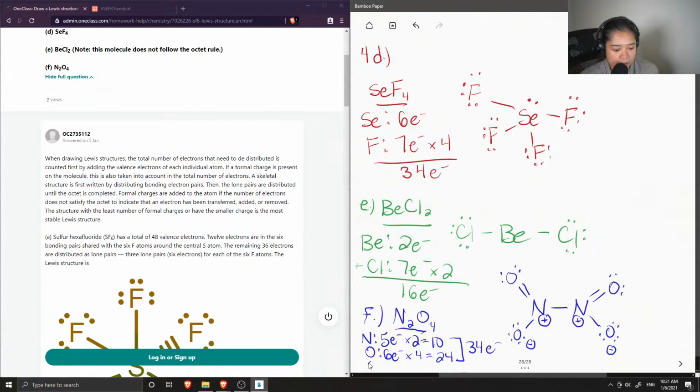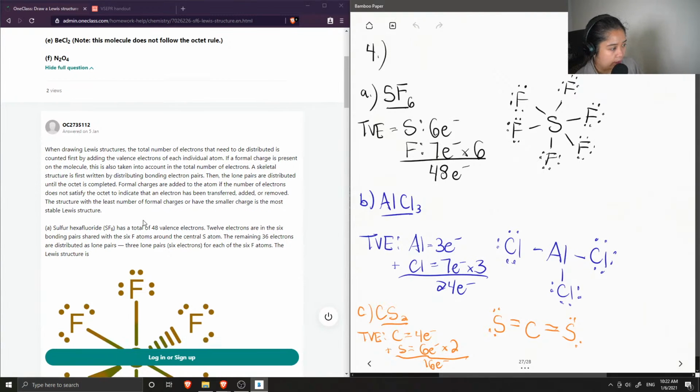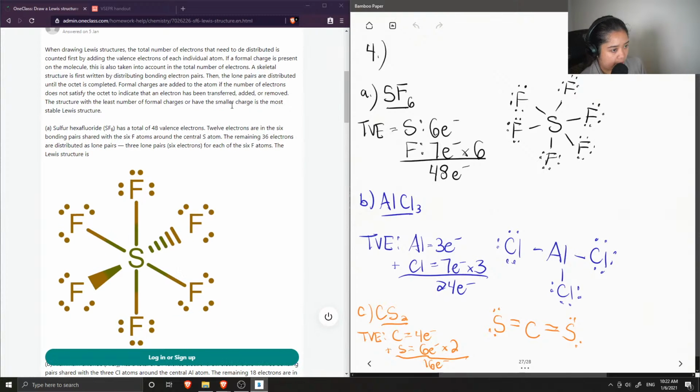Okay, so let's see what the junior tutor said, starting with our first molecule. When drawing Lewis structures, the total number of electrons that need to be distributed is counted first by adding the valence electrons of each individual atom. If a formal charge is present on the molecule, this is also taken into account in the total number of electrons.